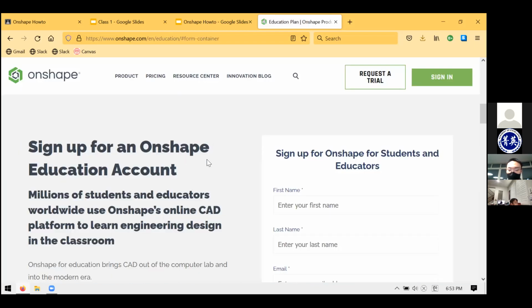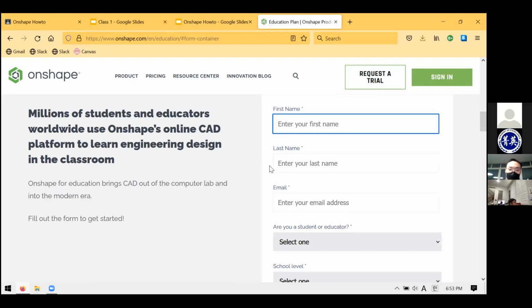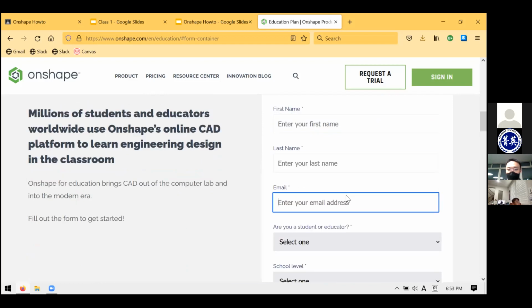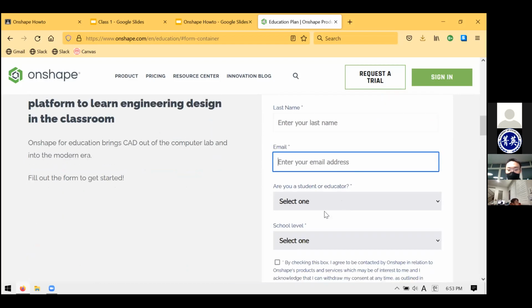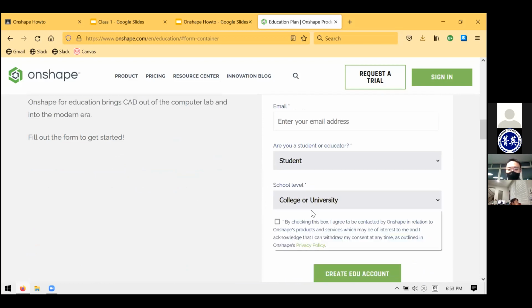And since you all are students, you can just enter the relevant information here. You are a student. School level, probably grade school. I'd be surprised if any of you are in college, but if you are, let me know. That'd also be cool.